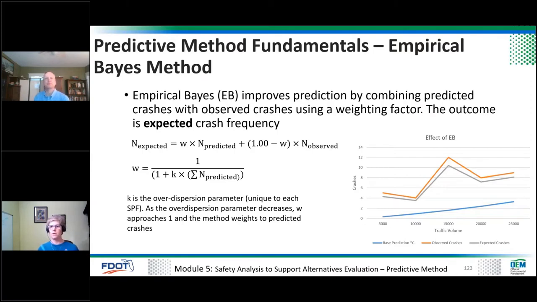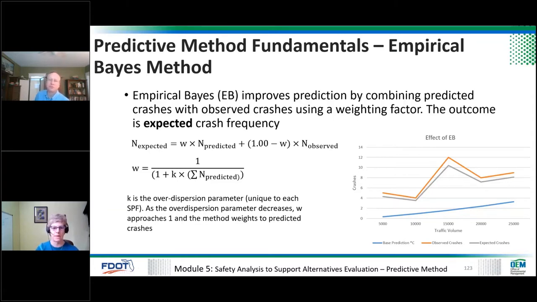And you do that by applying the empirical Bayes method, which sounds complicated, and I can't necessarily explain why the statistics behind it do what they do, but the equations are pretty simple. You're just modifying your predicted crashes relative to your observed crashes as a function of this weighting factor developed through the overdispersion parameter.